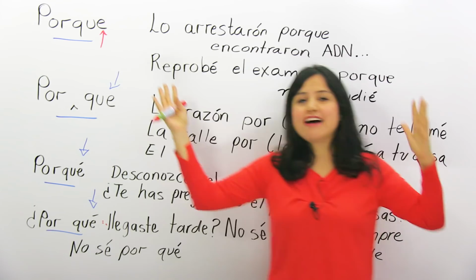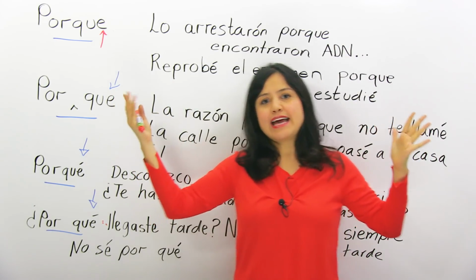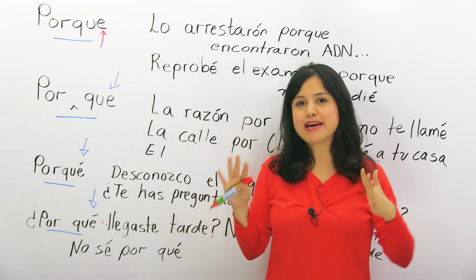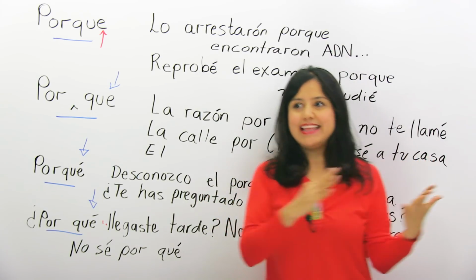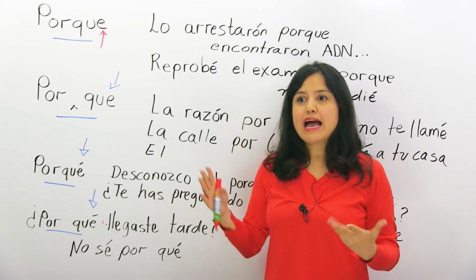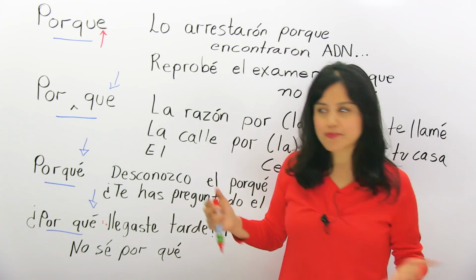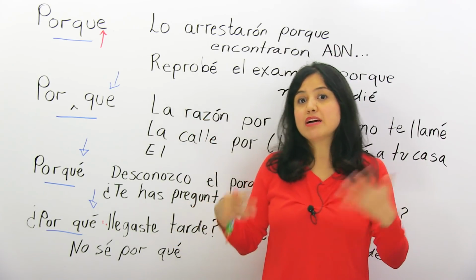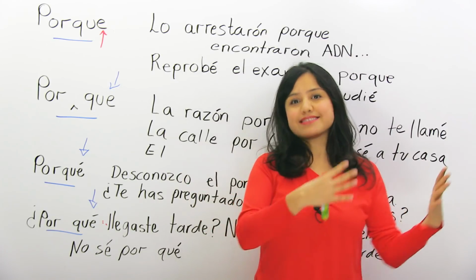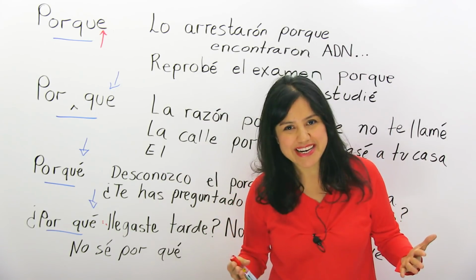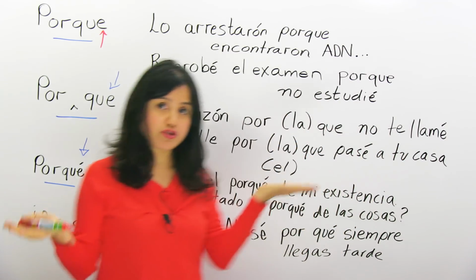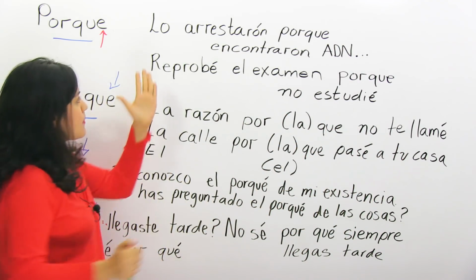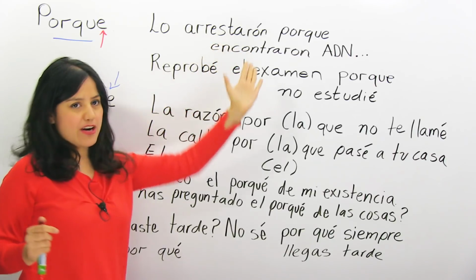So you're going to have 2 sentences, and you're going to use the one without the space and without accent mark when you're giving the cause. A good equivalent en inglés sería because or since. Vamos a ver un ejemplo, porque con ejemplos se nos queda en la cabeza. Sin ejemplos, estamos perdidos.